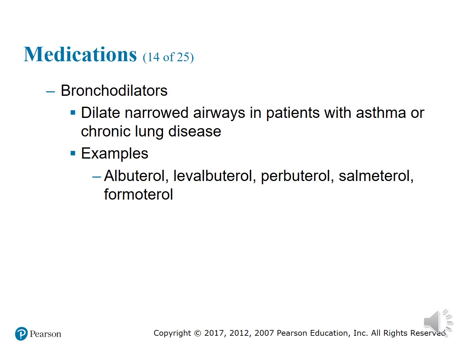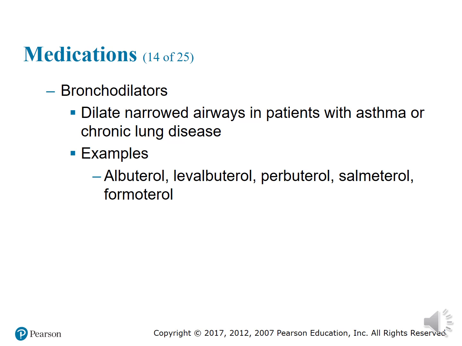Then you have your bronchodilators. These medications are used to dilate airways in patients with asthma or chronic lung disease. These medications are such as albuterol. Everybody knows albuterol. That is the first and foremost famous medication for anybody who has asthma.